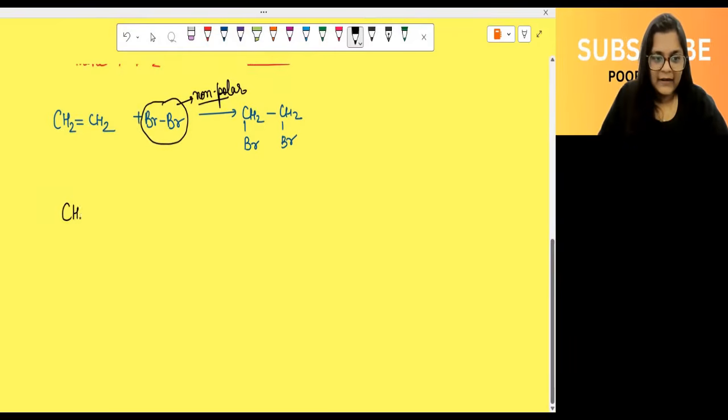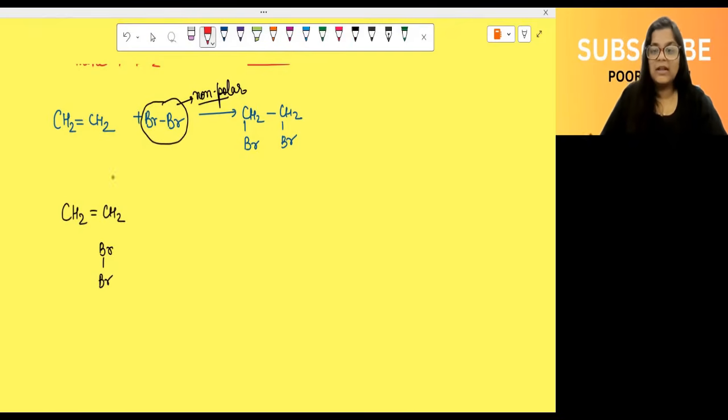So what happens when this Br2 molecule comes in contact with the ethene molecule? Since the double bond is electron rich, it is going to repel the electrons of the bromine which is near to the double bond. Because of that electron repulsion, this bromine is going to shift its electrons towards the other bromine.